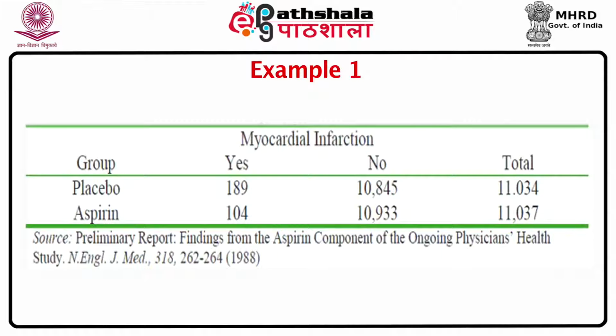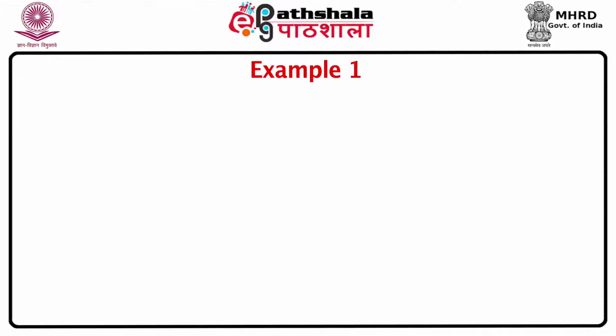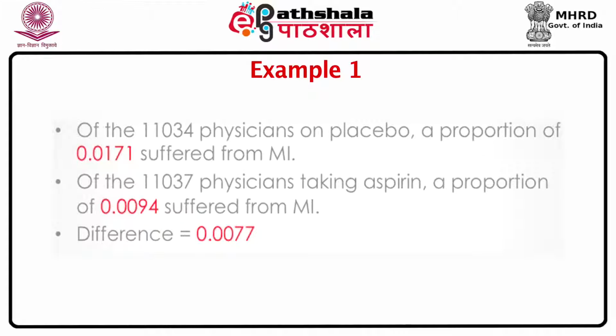The source of this data is from a study of the ongoing Physicians' Health Study, which was published in the New England Journal of Medicine. So to look further at the data, of the 11034 physicians who were given placebo, a proportion of 0.0171 suffered from MI, while of the 11037 physicians taking aspirin, a proportion of 0.0094 suffered from MI.